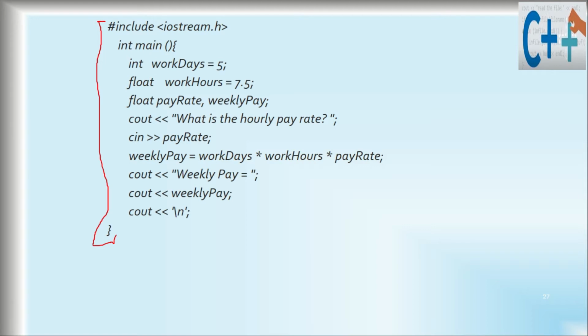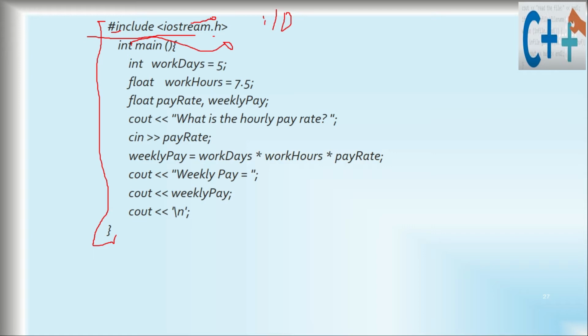Starting from this one, including the header file using this #include iostream.h. This header file is used as the standard library for input output operations. And int main implies this int is a return data type.